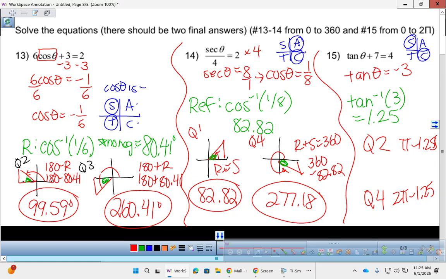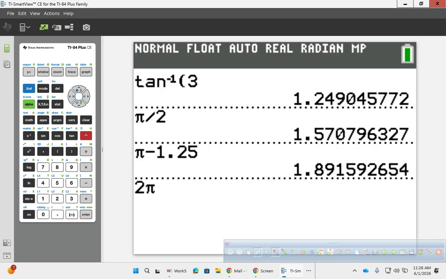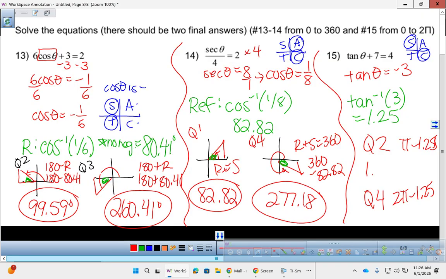You're gonna get decimals for both of those answers. Time-wise, I'm not taking them on, but you guys get the idea, right? Actually, I will. Pi minus 1.25, 2 pi minus 1.25, 1.89 and 5.03. Process was identical. It's literally just a button in your calculator.